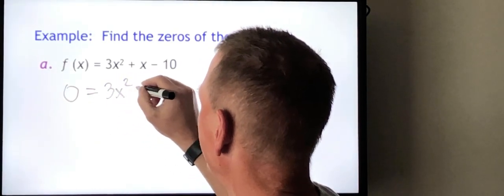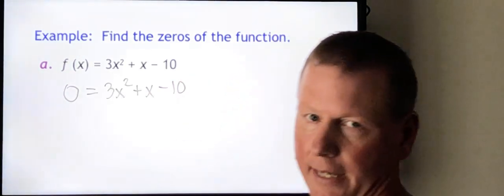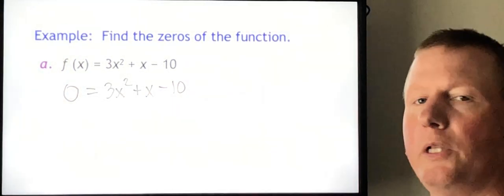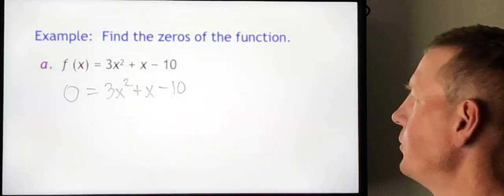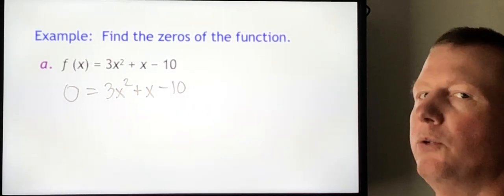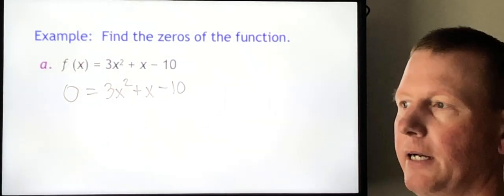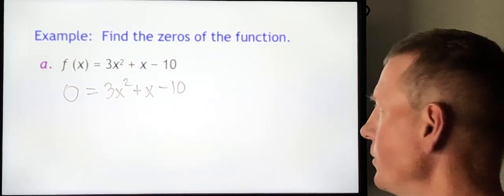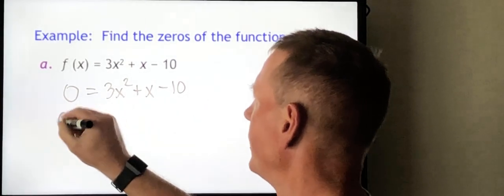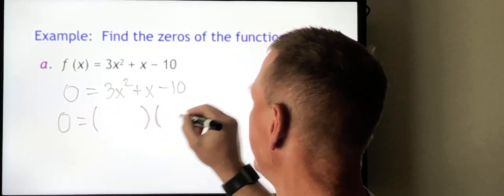So I get 0 equals 3x squared plus x minus 10. Now, we learned in algebra class how to solve this type of equation, and there are multiple ways. We could use the quadratic formula, we could factor, or we could make a graph. All of those are options. I just happen to know that this one does factor, so I'm going to use factoring.